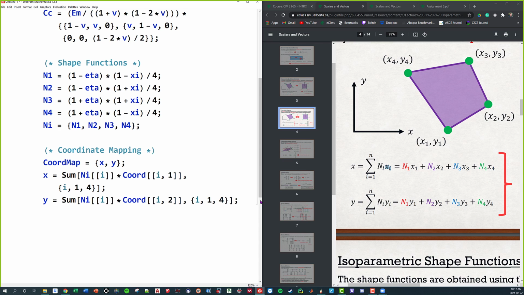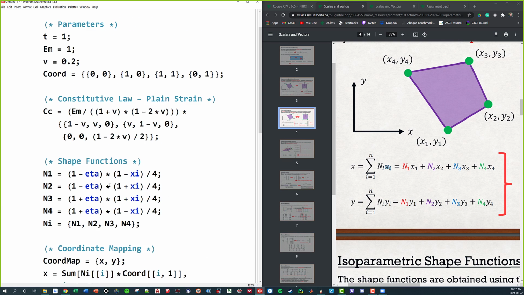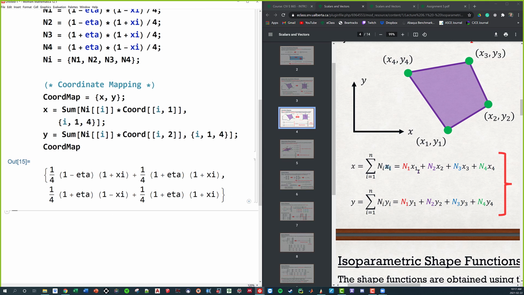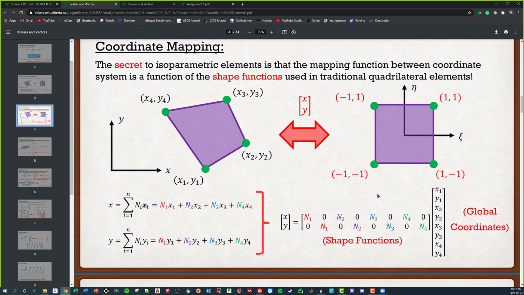So at the end here, if I go to my coordinate map and run it, I simply have my function of x and y. Nice and simple. So one of my questions for you guys is, and I'll zoom this out right here, we now have this coordinate map, and one of you guys was talking about accuracy. So right here, in terms of eta and z, we have this coordinate point -1, -1 in our natural system.